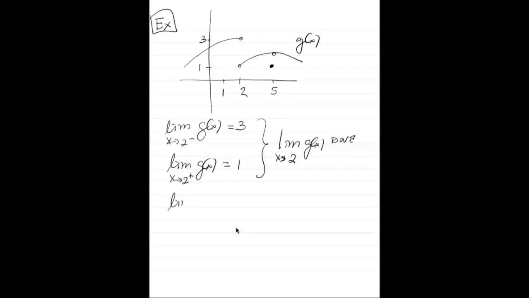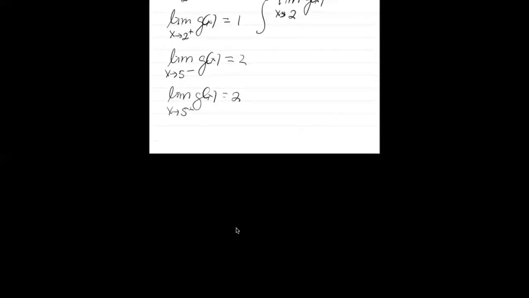Okay. Now the limit of our function when x is approaching 5 from the left. Okay, I'll add a point here, that's 2. And the limit of g when x is approaching 5 from the right, it's also 2. Okay, so it didn't matter that we had a hole here, that we defined it.